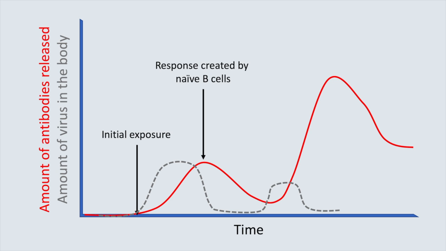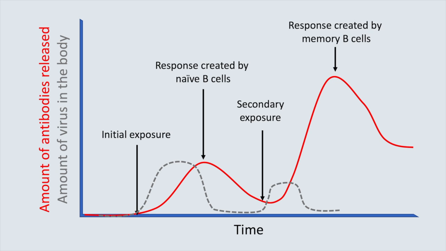Well, over time, it's possible that you can experience a reintroduction of that virus, right? Maybe you are around somebody sick a second time, and that virus re-enters the body. And so we get a secondary exposure. But notice, at the time of that secondary exposure, we already have memory B cells in the body because those memory B cells live for decades.